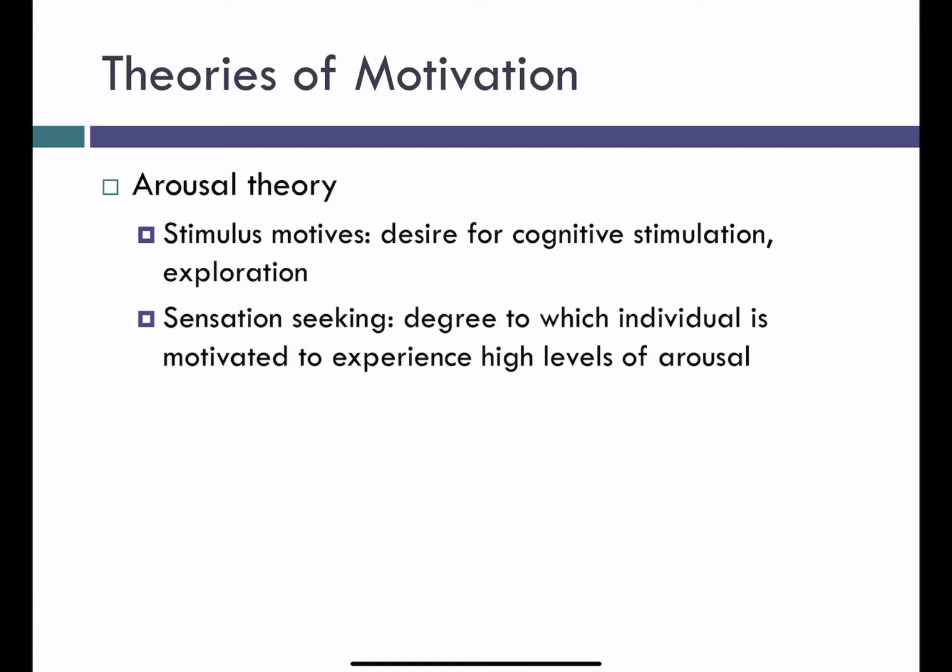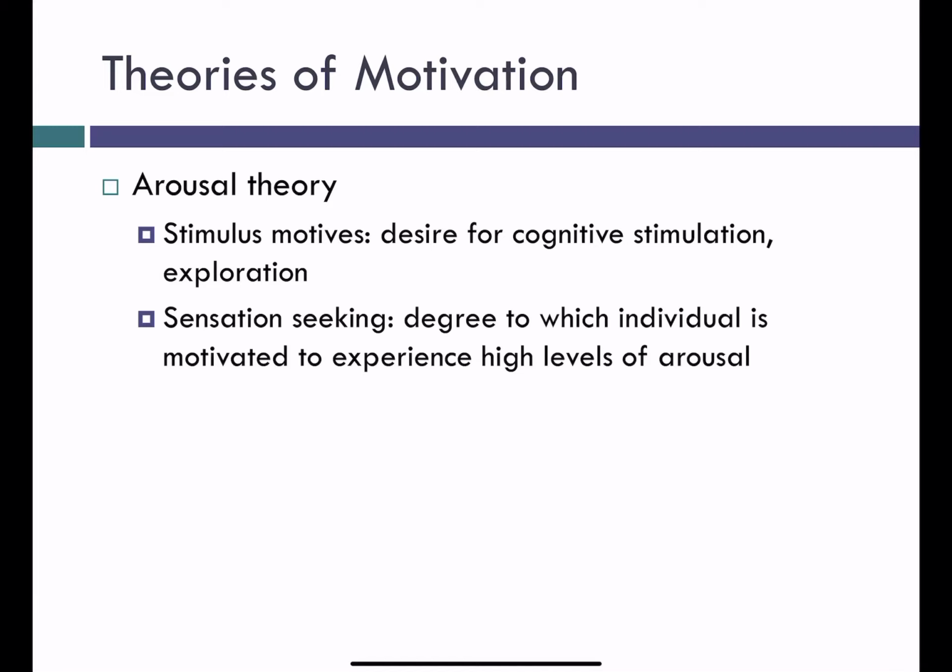Arousal theory is the idea that we find very high and very low levels of arousal unappealing. And so we have these stimulus motives, this desire for cognitive stimulation and exploration. When we have too much of it, we don't like it, and when we have too little, we don't like it.